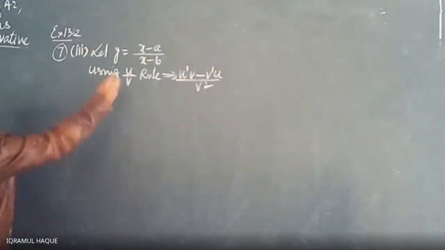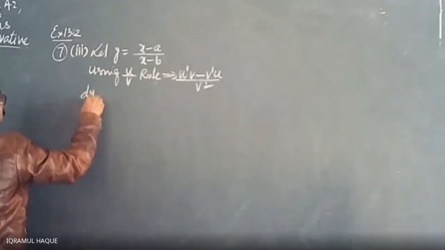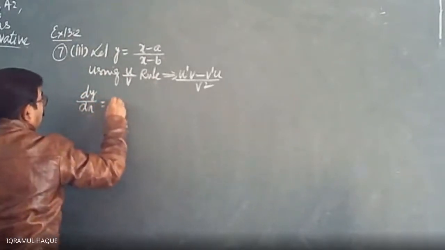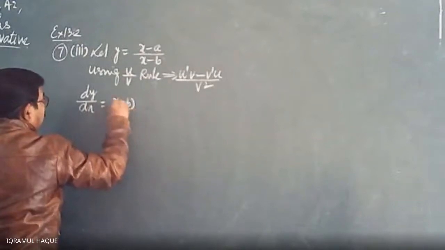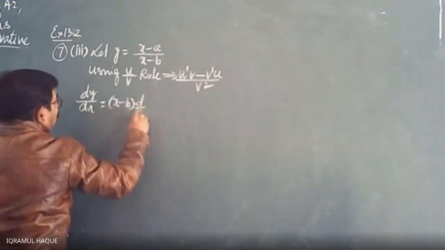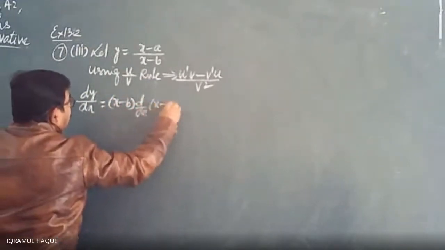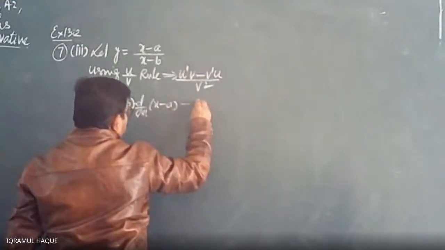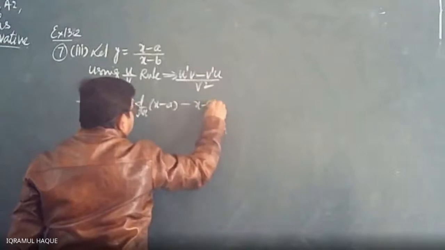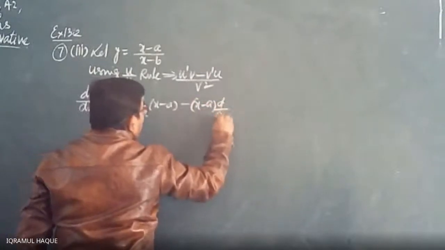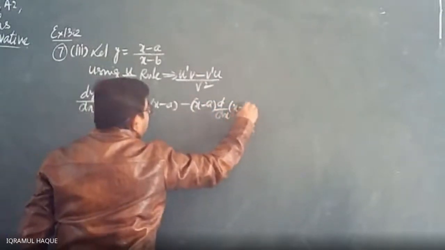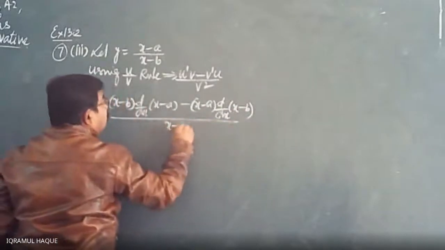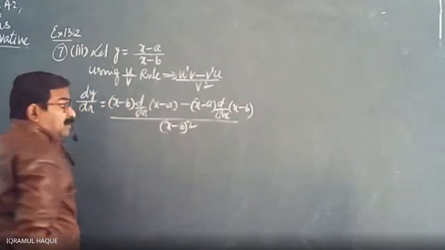So we have dy upon dx is equal to (x minus b) into d of dx of (x minus a) minus (x minus a) into d of dx of (x minus b), upon (x minus b) whole square.